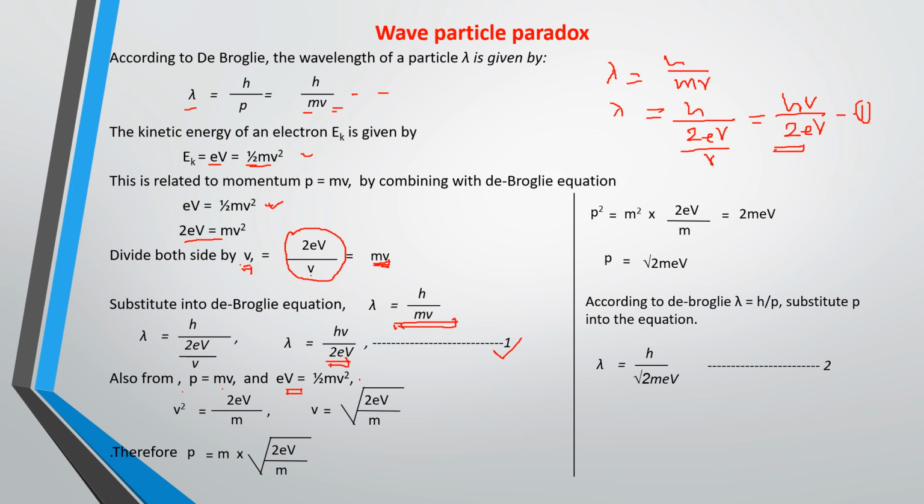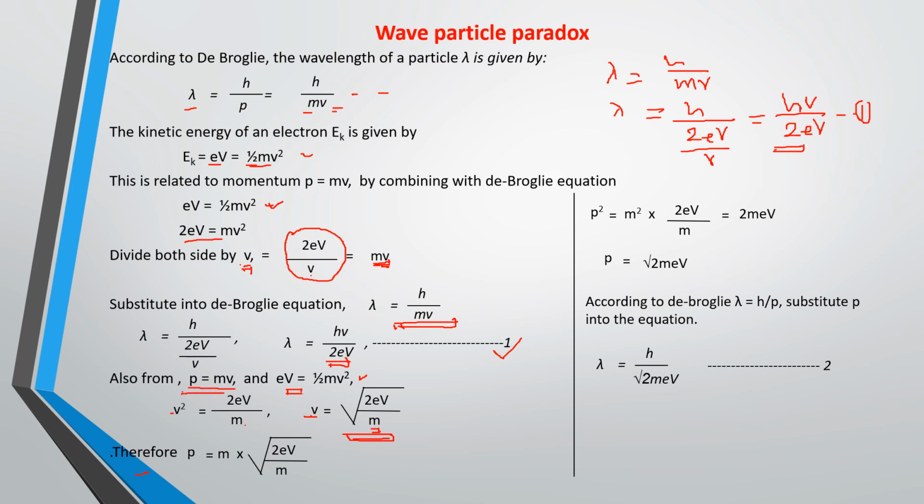Then we have that v squared is equal to 2eV all over m, while v is equal to the square root of 2eV all over m, when you take the square root of both sides. Now you can substitute this into the equation of momentum.